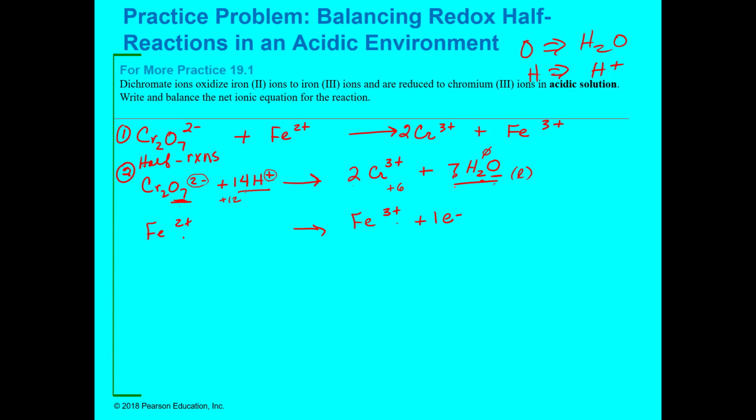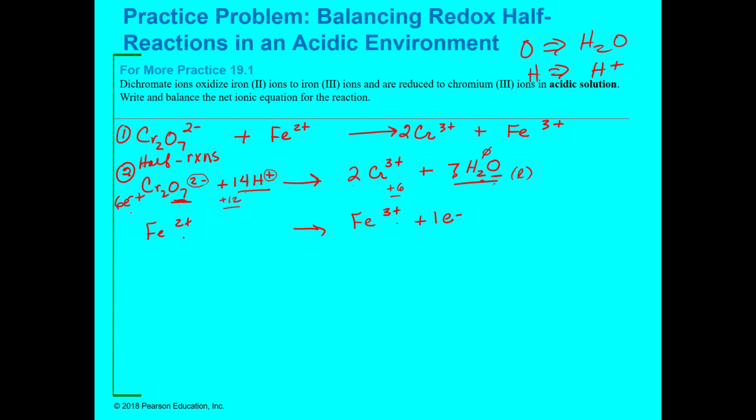I can only balance with electrons. So if I've got a +6 on this side and a +12 on that side, I've got to add 6 electrons to my reactants. So now I have 8, because they don't have to be 0, they just have to be the same.